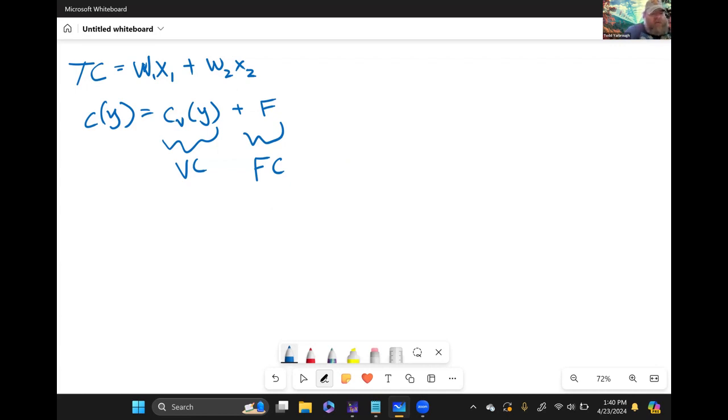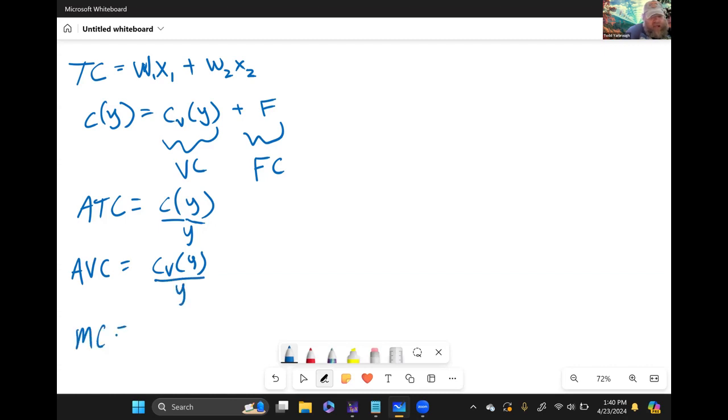We have what we call average total cost, which is just total cost divided by output. We have average variable cost, which is just variable cost divided by output. And we have marginal cost, which is the change in total cost divided by the change in output.